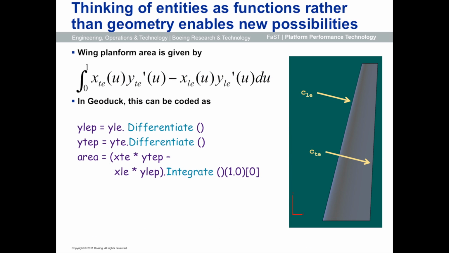Okay, so even though thinking of the basic entities in the GuiDuck system as functions rather than as bits of geometry, as you would in a CAD system, tends to make some of the engineers nervous, it's a very powerful idea to be able to do manipulations directly on functions.